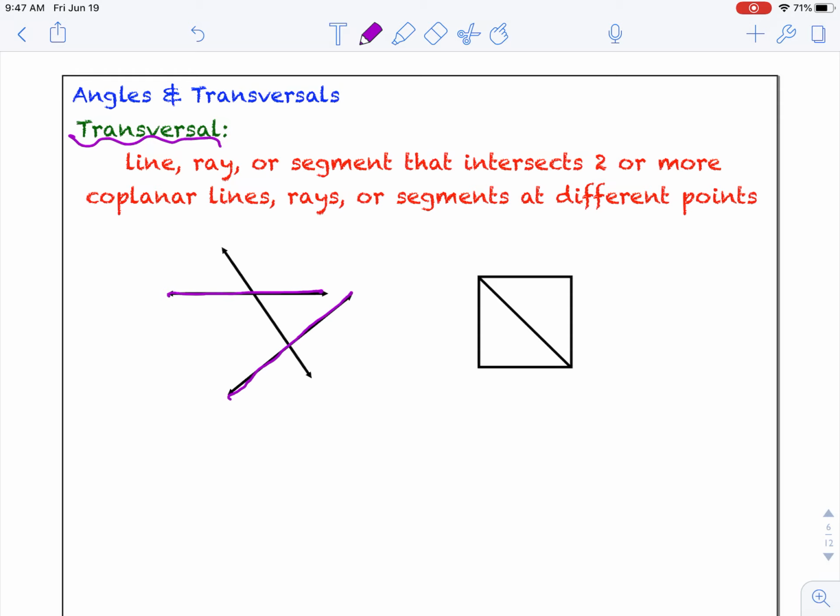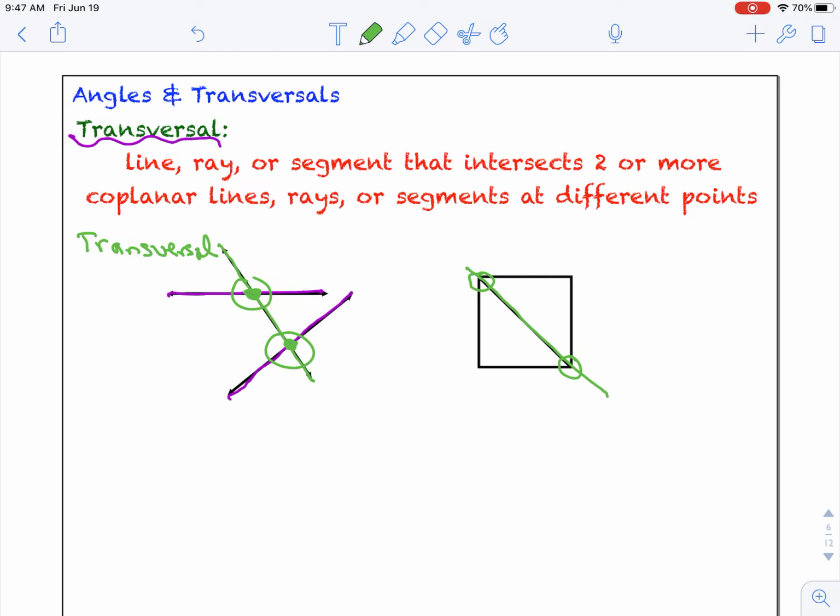So here you have a line, and here you have a line right here, and your transversal is right here. So this is your transversal. And it's intersecting at these 2 points, and they are in the same plane right there. In this diagram, this is a transversal.